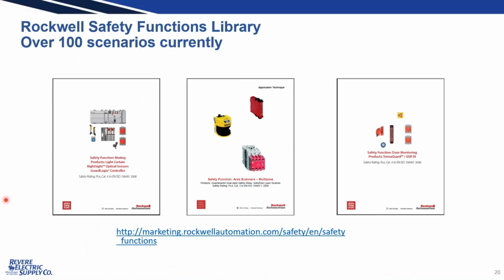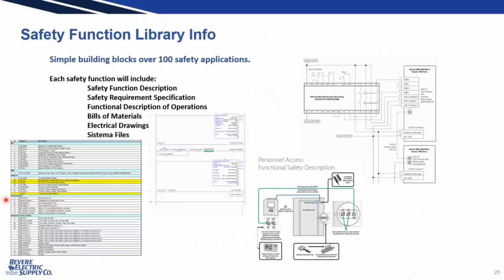So Rockwell's developed a safety function library, and currently there's over 100 applications in there. They can be used to help design common reusable safety functions. These document sets just walk the user through the safety lifecycle from the risk assessment through verification and validation plan.